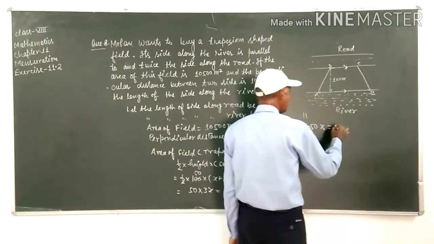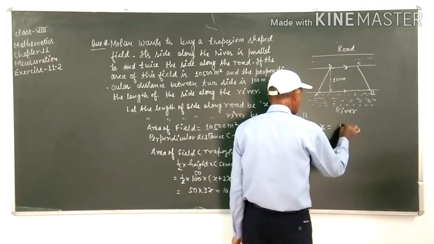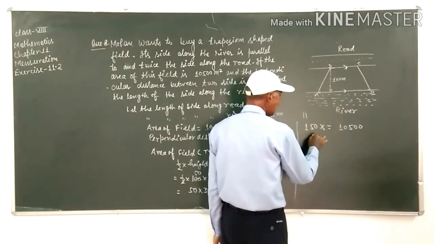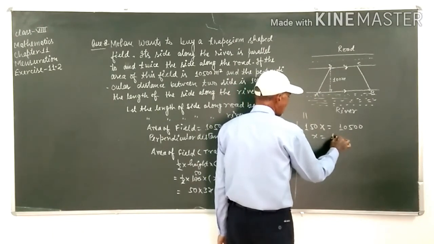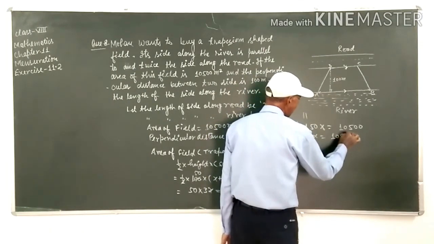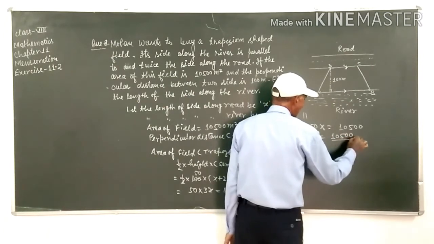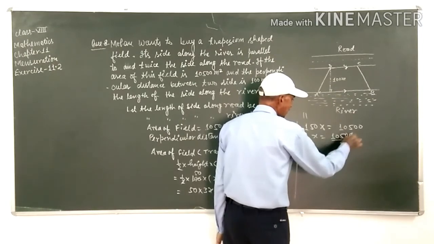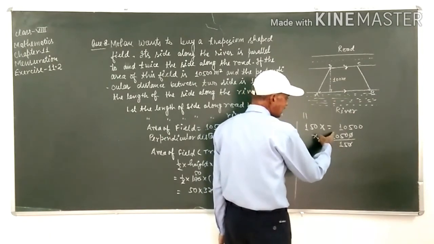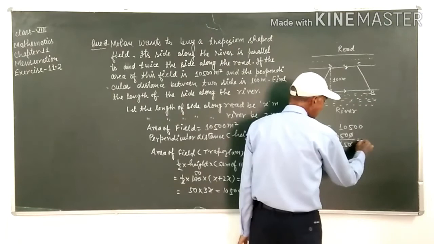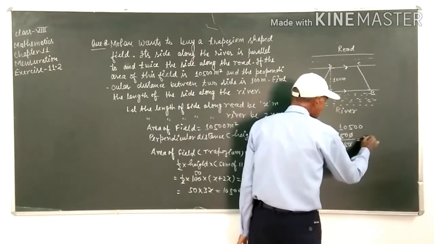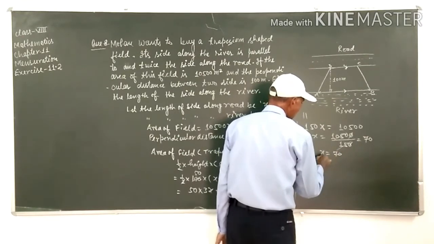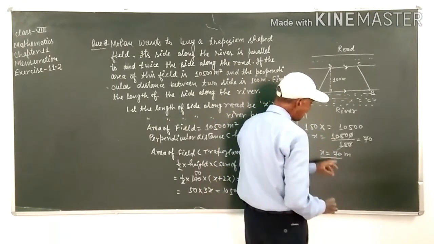Okay, 150x is equal to 10,500 and x is equal to 10,500 divided by 150. So this one cancels, 15 sevens are 105, and this one will be 70. x is equal to 70, that is 70 meter.